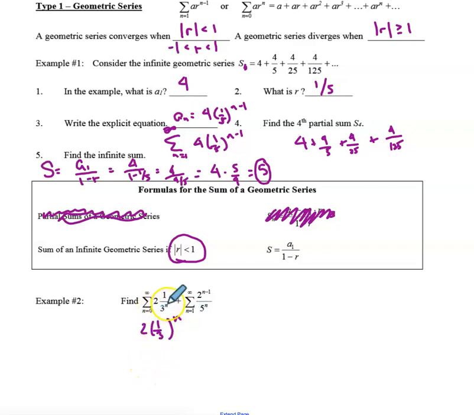And if I plug in n equals 0 for my first term, I get that the first term is 2, and then I see that my common ratio is 1/3. So this gives me 2 over 2/3, and 2 over 2/3 equals 3.